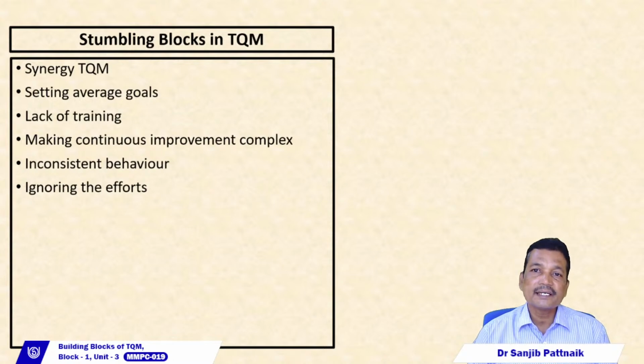Should I not get a prize for this? Should I not be felicitated with this? So, the workers' efforts should not go unnoticed. If you ignore them, then it becomes a stumbling block in TQM.